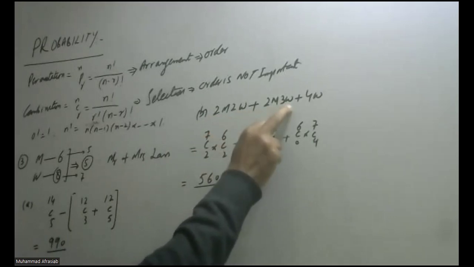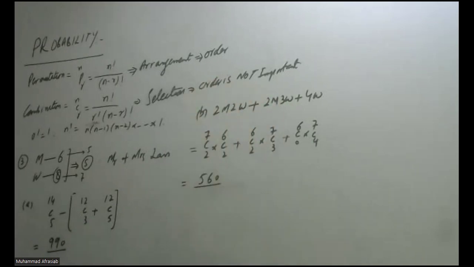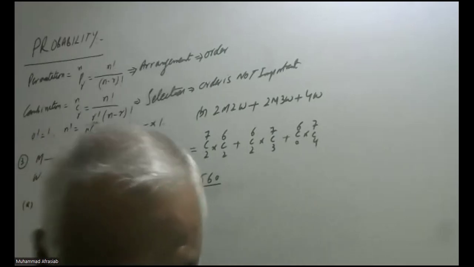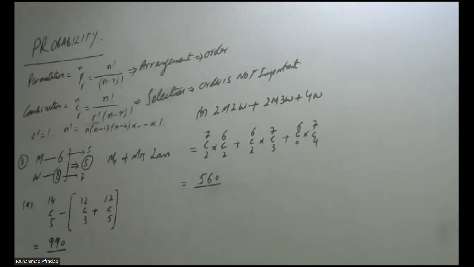Here two men and three women is already having one woman in that list there, and four women. That means what, you are selecting seven from that four, and one is already Mrs. Lane there. So this will be the complete solution of this problem, that Mrs. Lane is a part of that committee there. So this was question number 3 for this topic of permutation and combination.